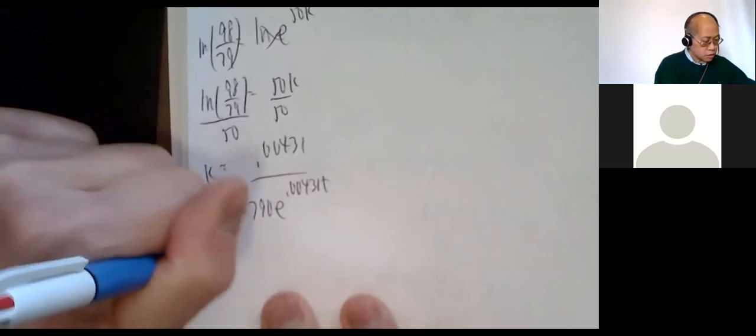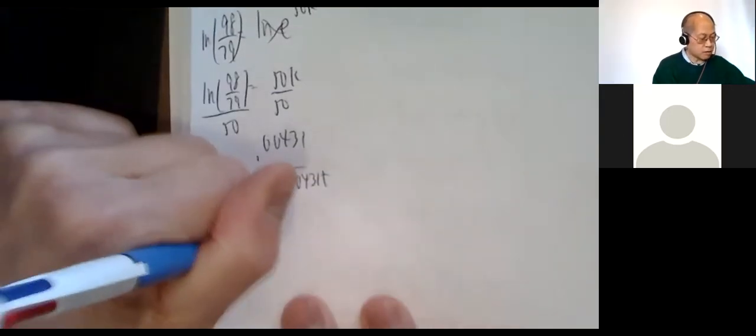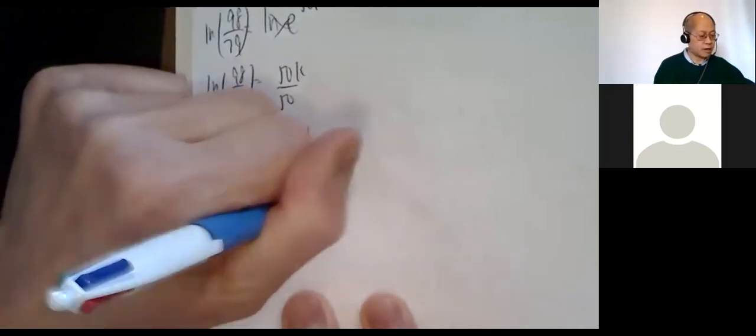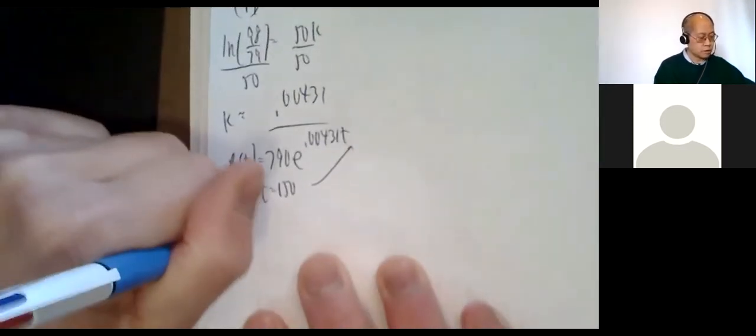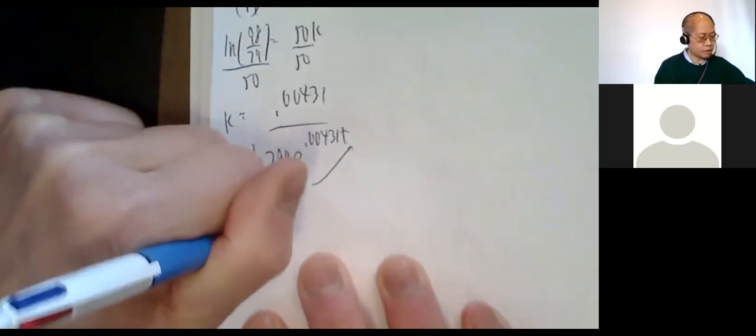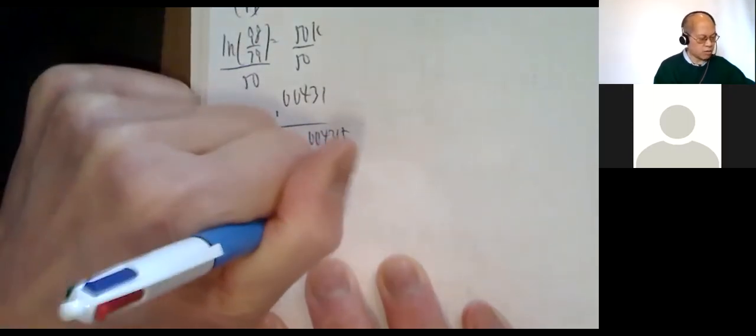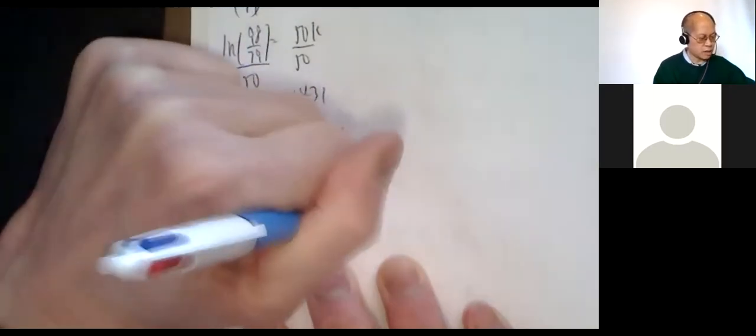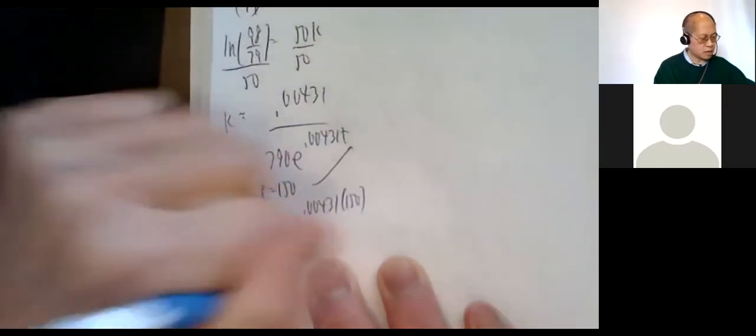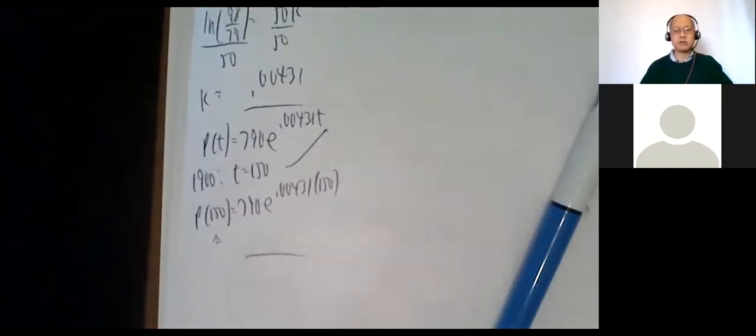And now they ask for 1900. The calendar year 1900 from 1750 means the time is 150. So I plug in 150 right here. P of 150 is 790 e to the 0.00431 times 150, equals whatever.